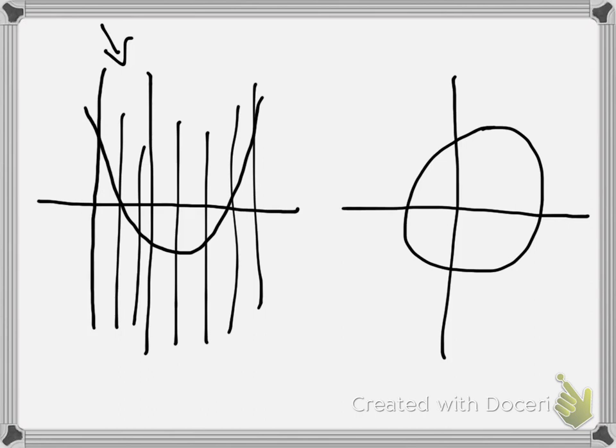And for this one, the answer to that question is no. This vertical line will never cross this graph more than once. So this is a function. We say that this is a function because it passes the vertical line test. Every vertical line I draw will cross this graph in at most one point. So this is a function over here with our left graph.